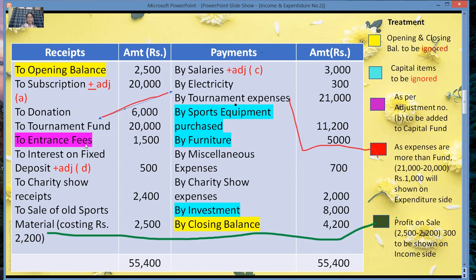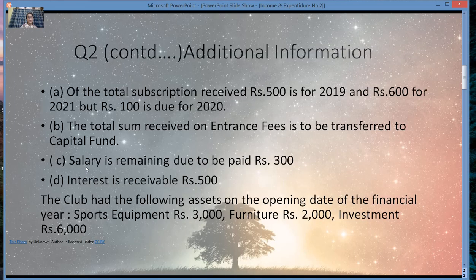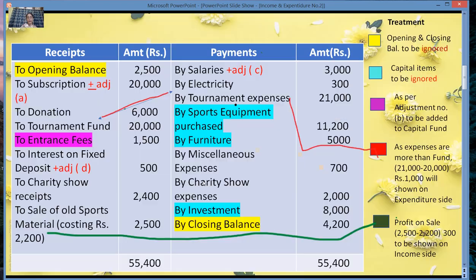Next, entrance fees has already been discussed. Next, we have interest on fixed deposit. There was an additional information, number D, that interest receivable is 500. That is to be added, so interest adjustment 500. Charity show receipts will be shown in the income, 2,400.